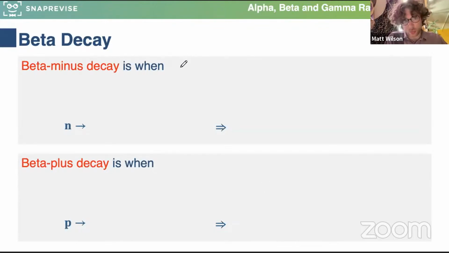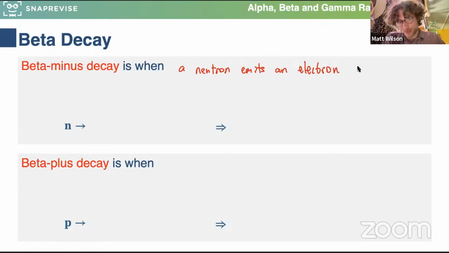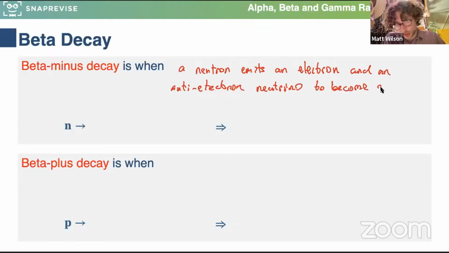Beta minus decay is when a neutron emits an electron and an anti-electron neutrino to become a proton. Good. Okay, so that's what it is.